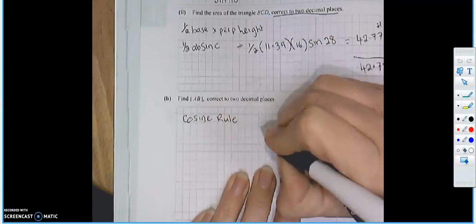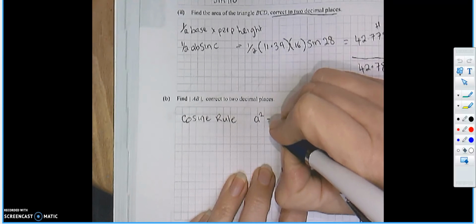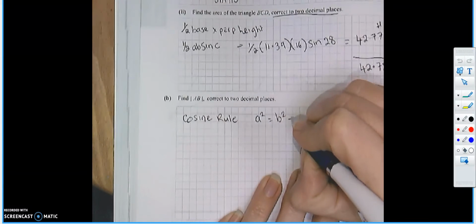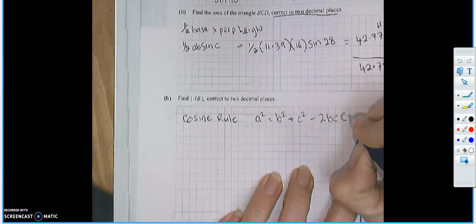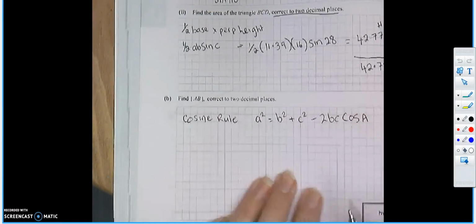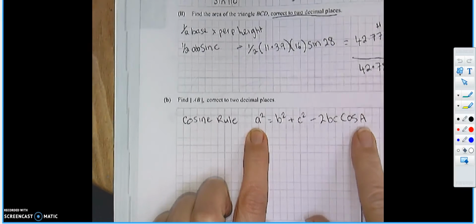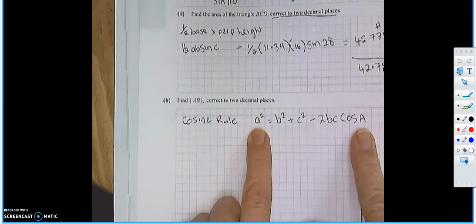Your cosine rule is a squared equals b squared plus c squared minus 2bc cos A. The two A's have to be across from each other, so one is the length and one is the angle.